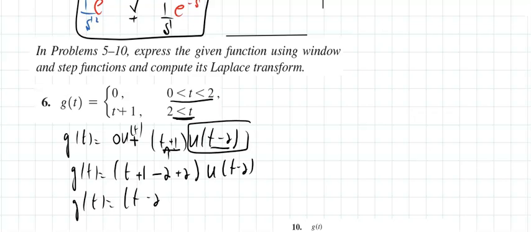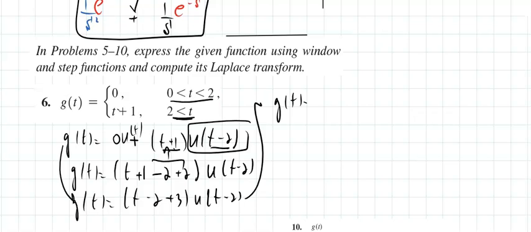So I want t minus 2 plus 3. I would skip this step, but again, students have a hard time jumping from this to this. And the reason I do that is because now I can say g of t is actually this times this plus 3 u of t minus 2.